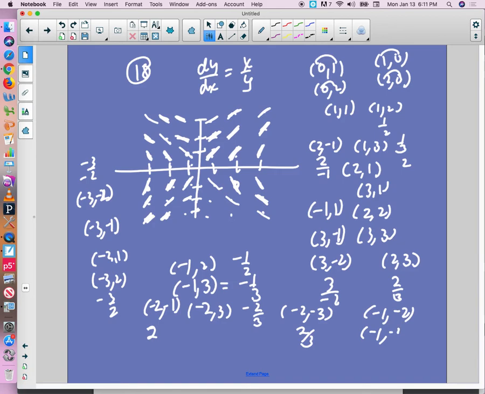And negative 1, negative 3 gives me 1/3. And 1, negative 2 gives me negative 1/2, negative 1/3. And then this dot is 2, negative 3 gives me negative 2/3.